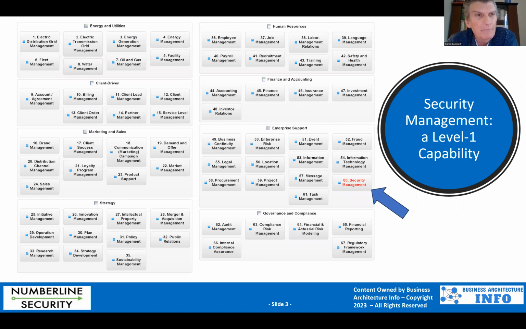At Business Architecture Info, we have industry-based frameworks, and among enterprise support, there's security management, a level 1 capability. It's not because it's number 60 that it's not important. It's extremely important.